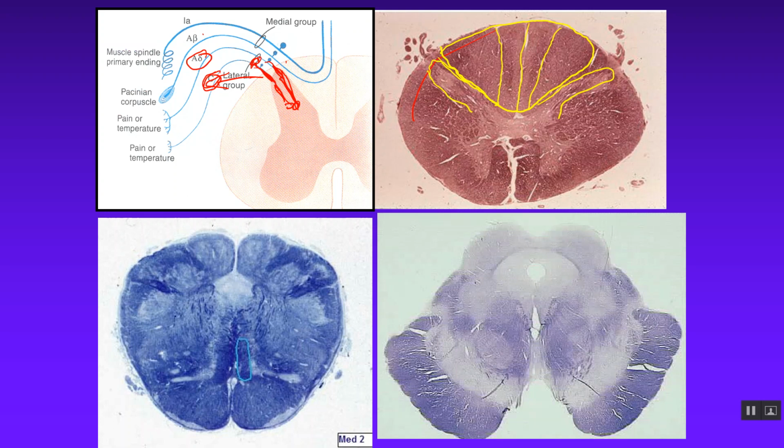This is your fasciculus gracilis. This is your fasciculus cuneatus, and then same on the opposite side. Fasciculus cuneatus, fasciculus gracilis. That's the back part of the spinal cord.